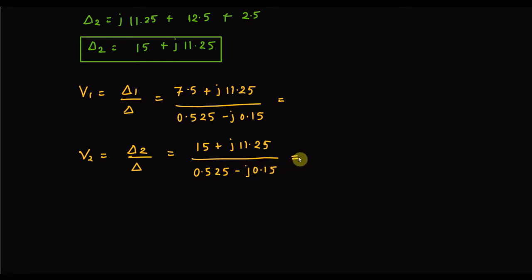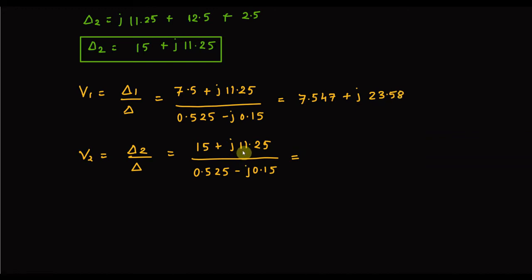If you solve both these equations, you will get the values of V1 and V2. I have calculated V1 comes out to be 7.547 plus j 23.58. If I am wrong, please correct me.